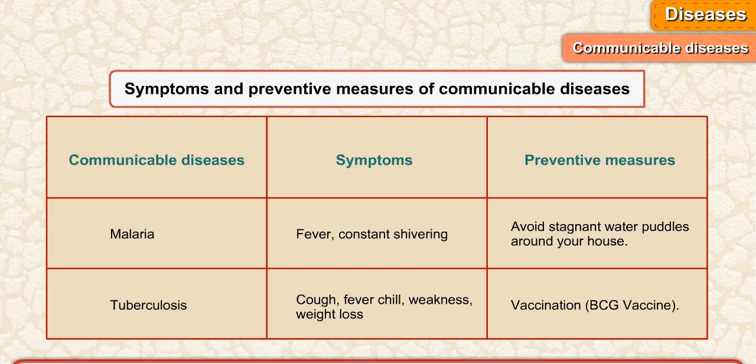Malaria: fever, constant shivering; avoid stagnant water puddles around your house. Tuberculosis: cough, fever, chill, weakness, weight loss; vaccination, BCG vaccine.